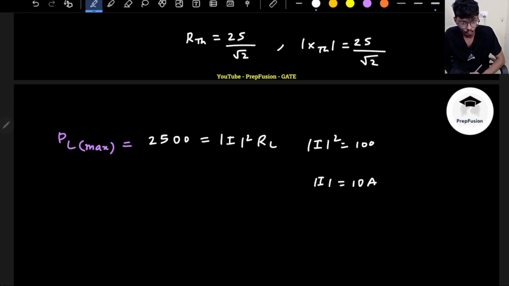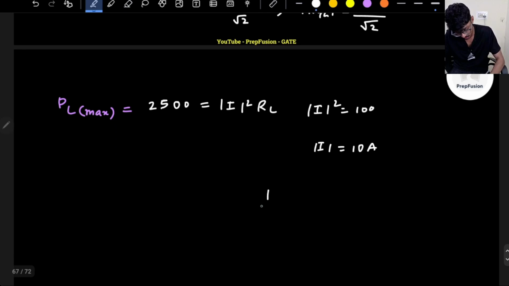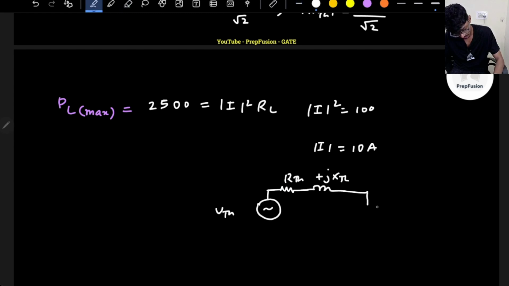Now I magnitude is 10 amperes. What else can I talk about? I can talk about VTH. Because my equivalent circuit will be somewhat like this. This is my VTH, this is my RTH plus jXTH, and this is my load.